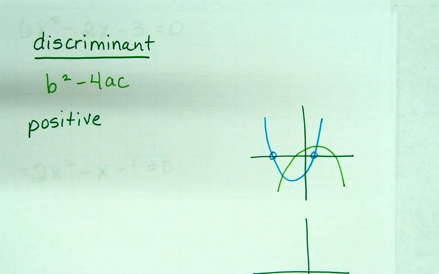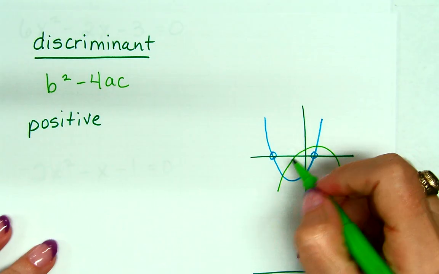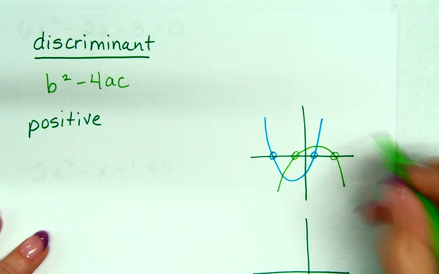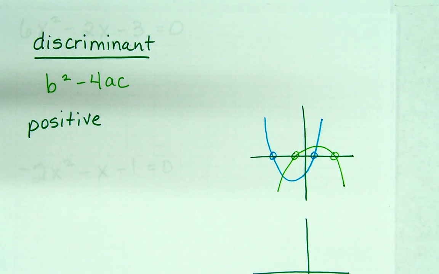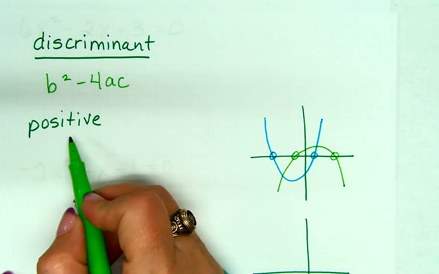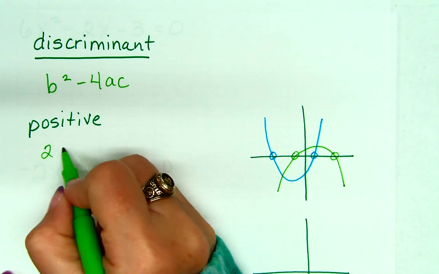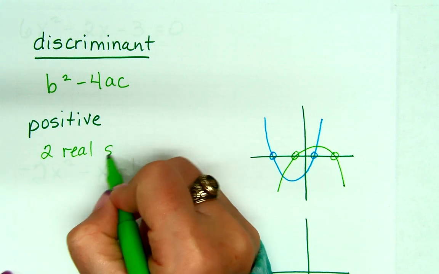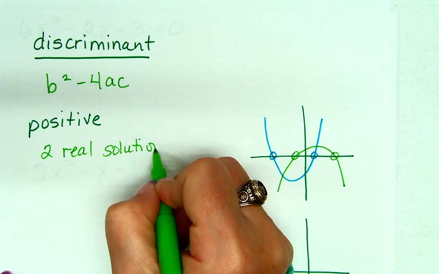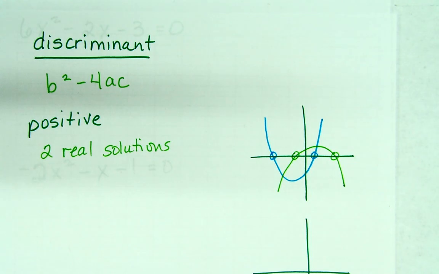What about the green one? Also 2 times. It can open up or down, but it crosses the x-axis twice. That means if the discriminant is positive, there are 2 real solutions. Now, I don't know what the solutions are, and today it's not time to figure that out.